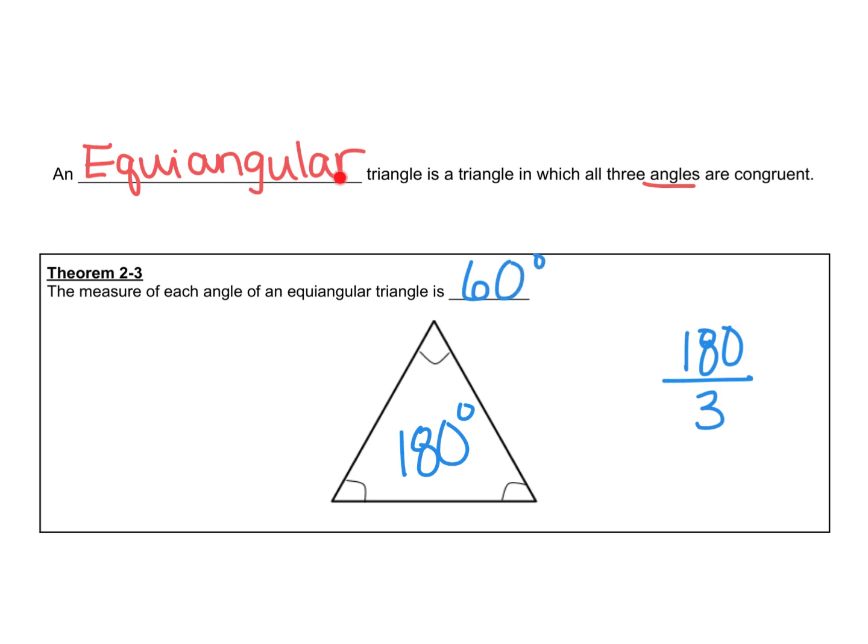So if a triangle is considered equiangular, each angle must be 60 degrees simply because of the fact that there are 180 degrees in a triangle, and if we split them evenly, that makes each of them 60.